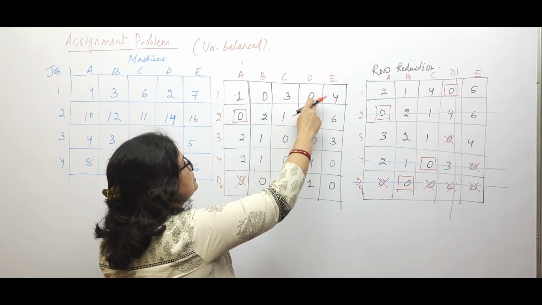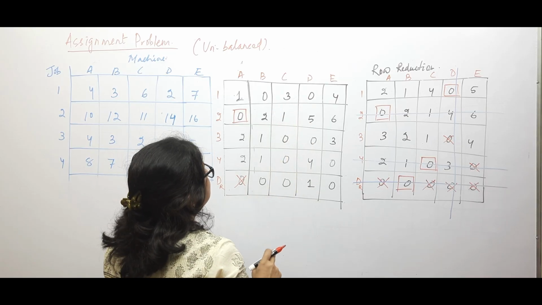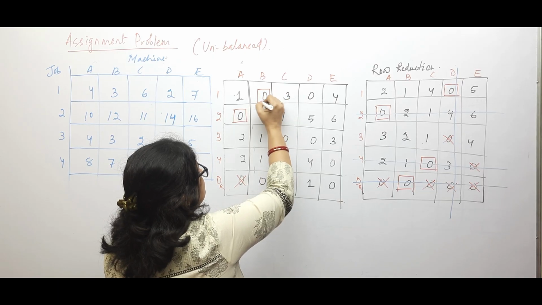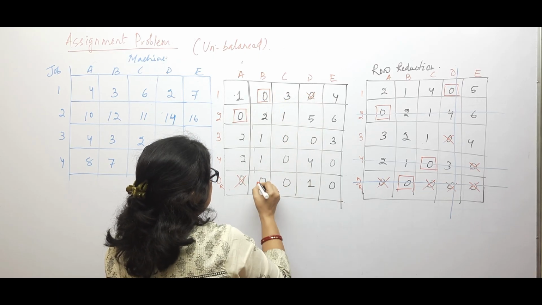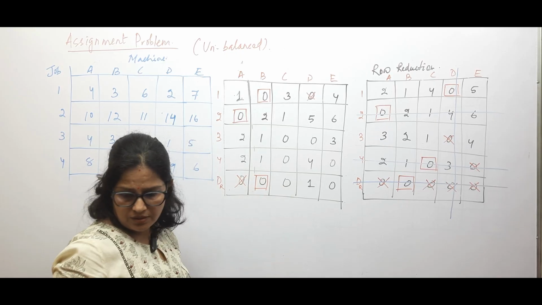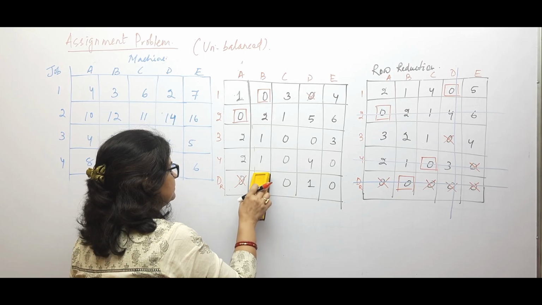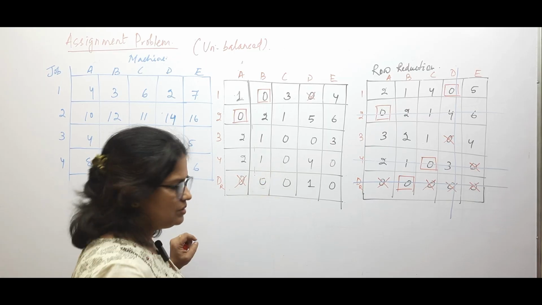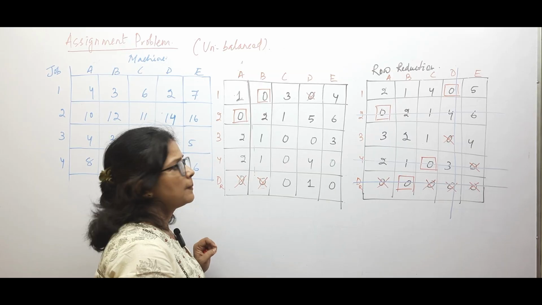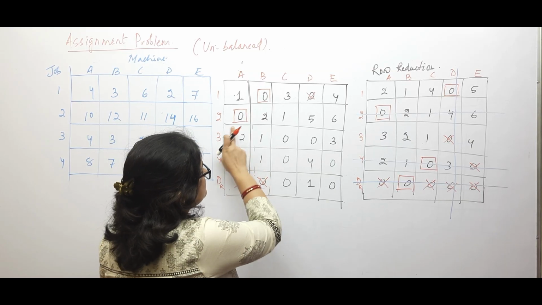So here if you see 2, 0, I can assign 1 here. If I assign this one, then I need to cross this one and also this one. Here assignment done.